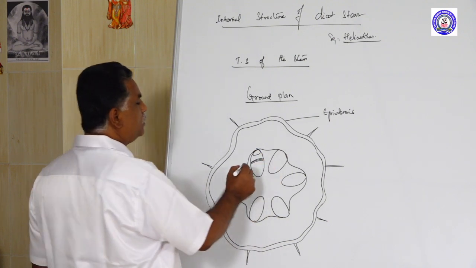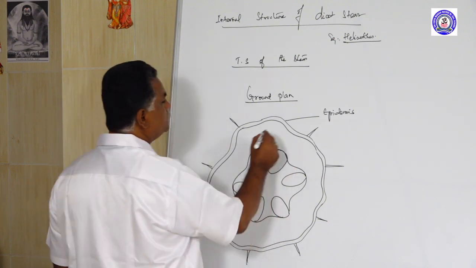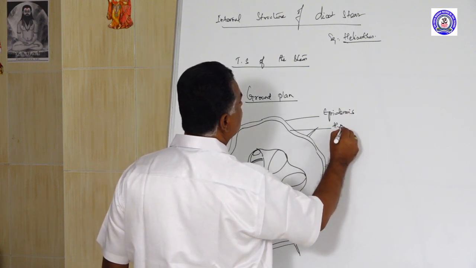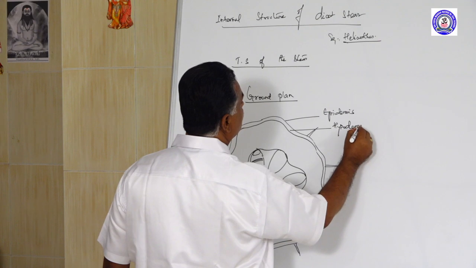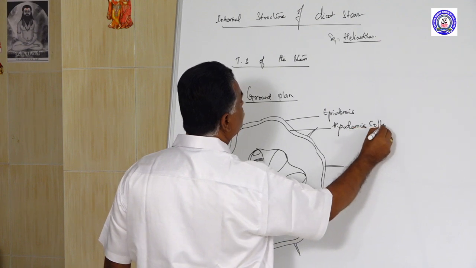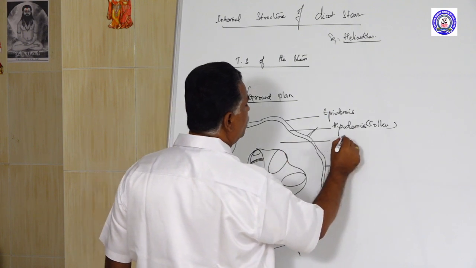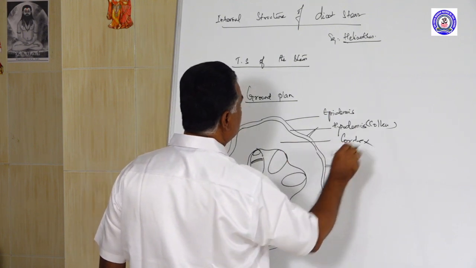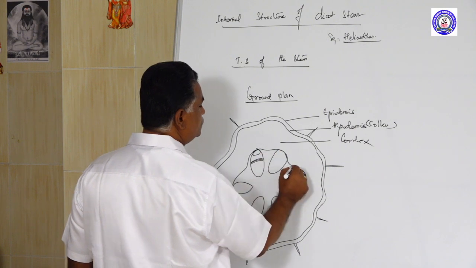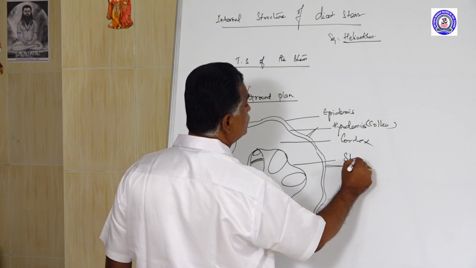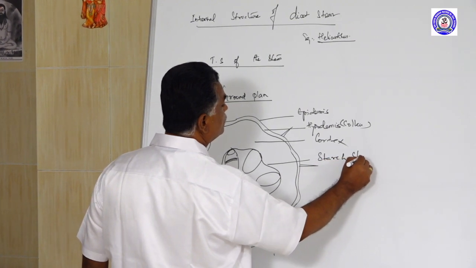And each vascular bundle consists of, see, this structure is hypodermis made of collenchyma, and here is the general cortex, and this is starch sheath.